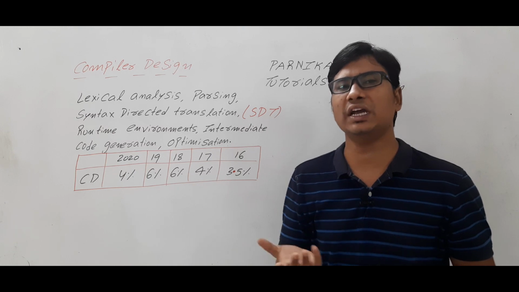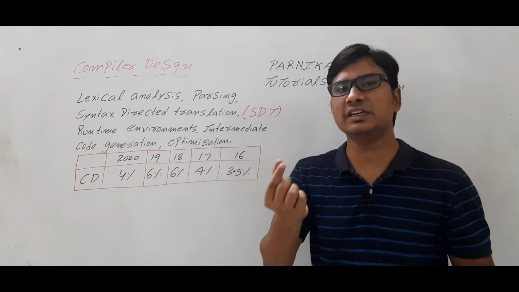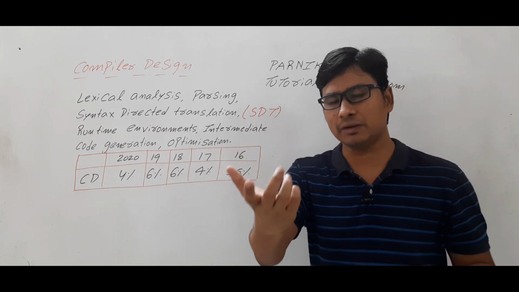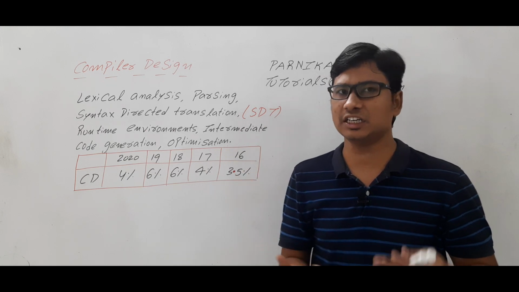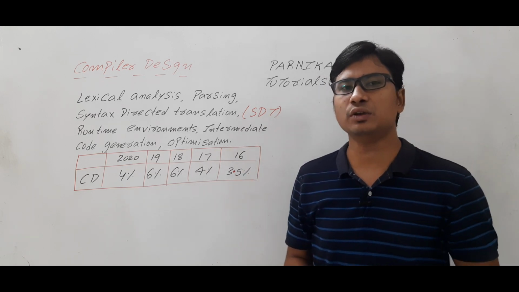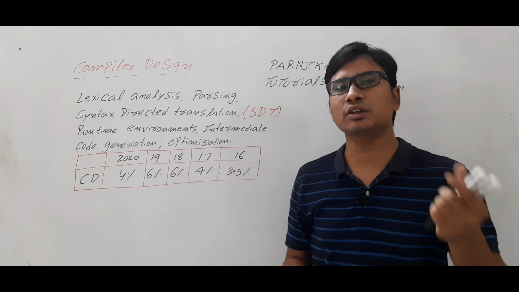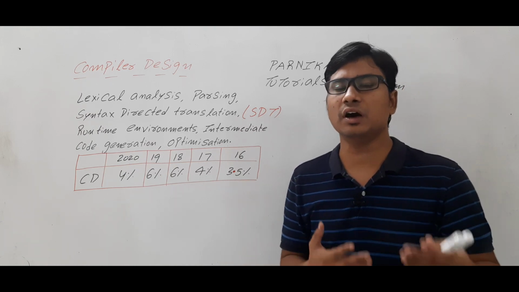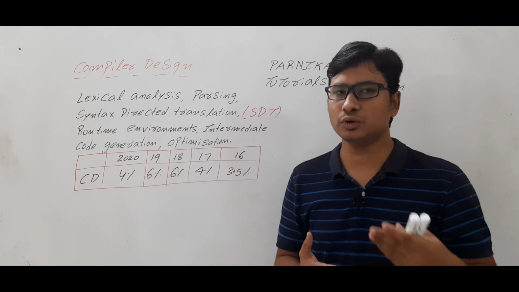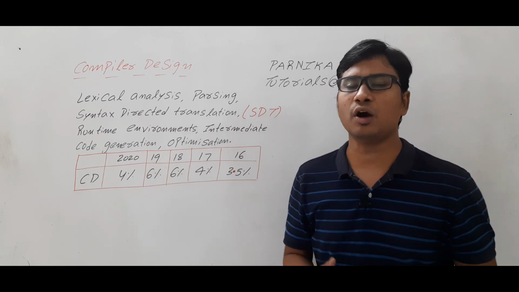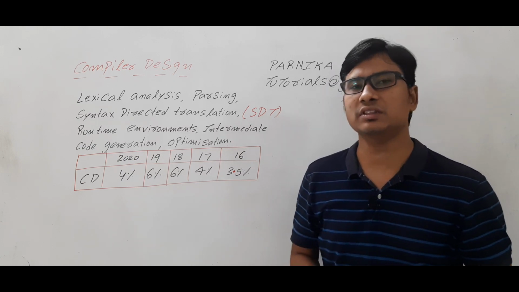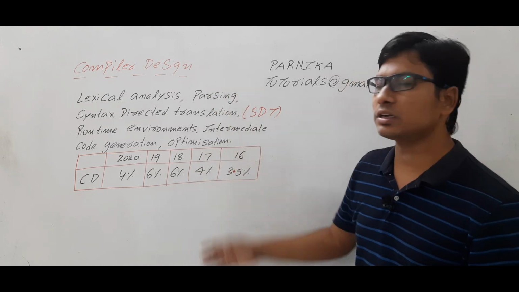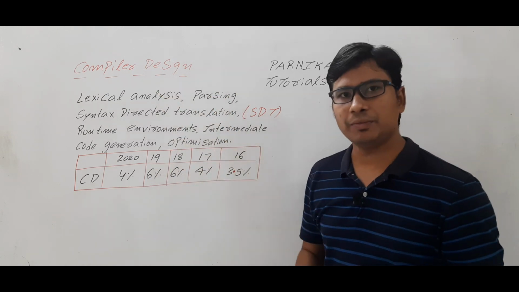Everything you will see as goto statements, whether conditional or unconditional. So it is very difficult to detect the loops, and once we detect those loops, only then can we do loop optimization. So I will discuss how to detect the loops in the 3 address code. These are the concepts I will discuss in the compiler design course.